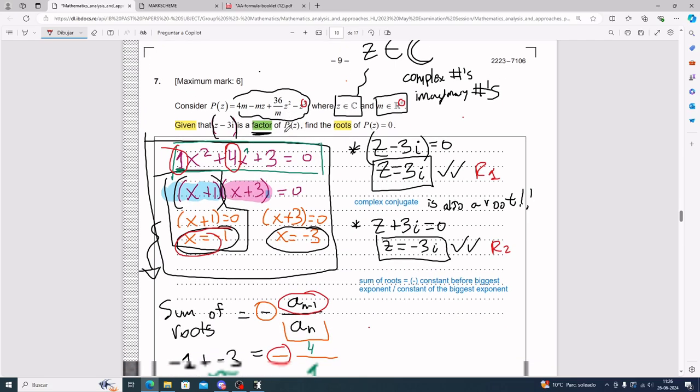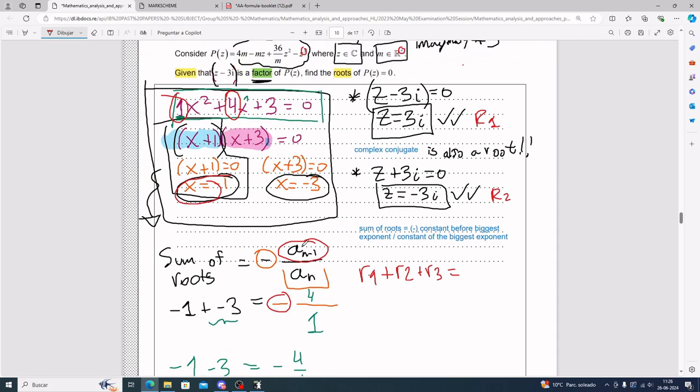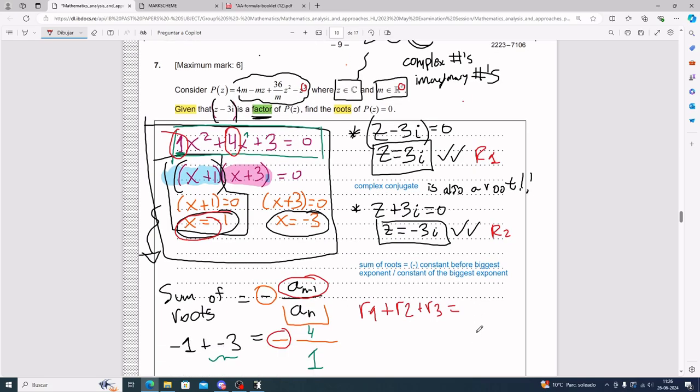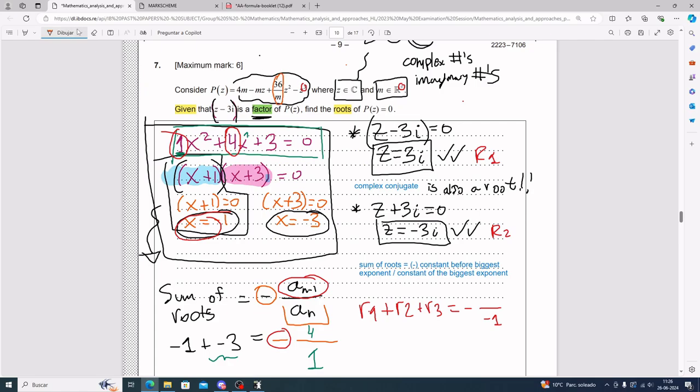The first root plus the second root plus the third root has to equal negative the second to last constant divided by the biggest constant. The biggest constant here is just going to be negative 1. So you have negative divided by negative 1. And then the constant next to it is 36 divided by m.